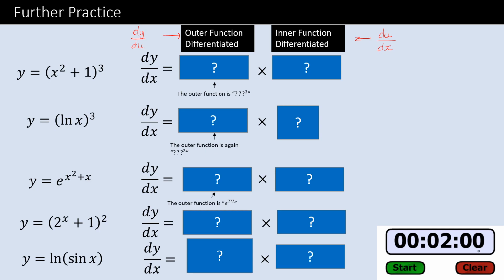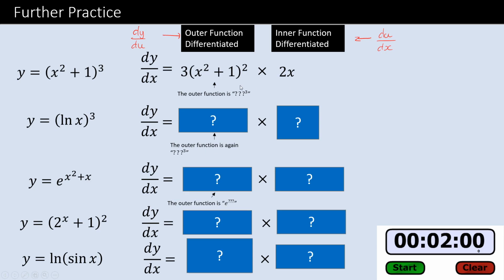So I'd get 3 lots of something to the power of 2. That would be what my outer function would be, what my dy by du would be. My inner function would then just be the bracket differentiated. So this would be 2x. The 1 disappears because it's a constant. When you differentiate a constant, you get 0.